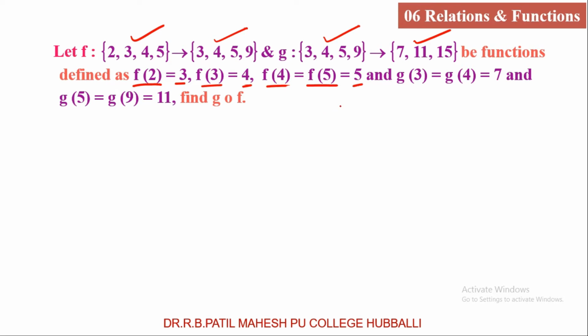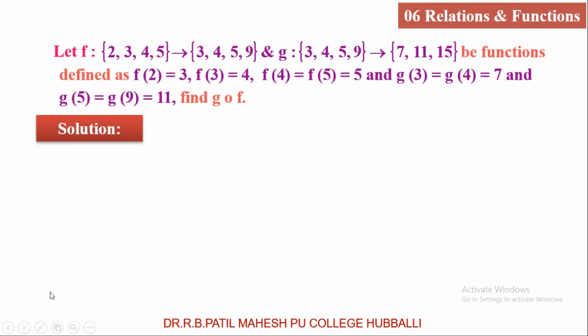This is about the f function. g of 3, g of 4 both are equal to 7, and g of 5, g of 9 both are equal to 11. Taking all this, find g composition f is the question. Let us have the solution.